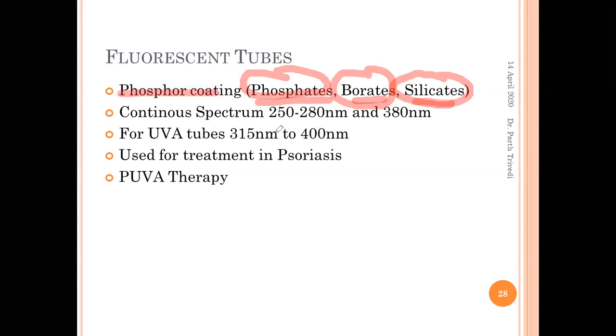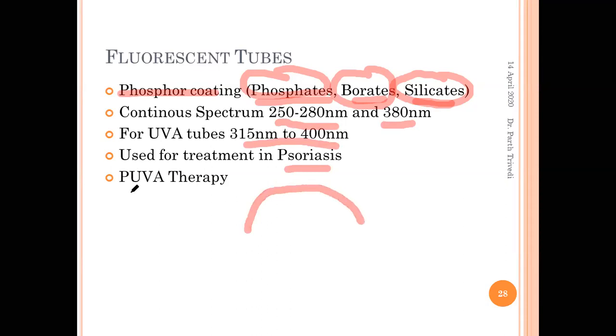Apart from this, they can be used to have 250 to 280 nanometers, 380 nanometers, 315 to 400 nanometers, and generally used for psoriasis. And when they have a tunnel-like segment, it is known as Therakitin tunnel, which is your UVA therapy.